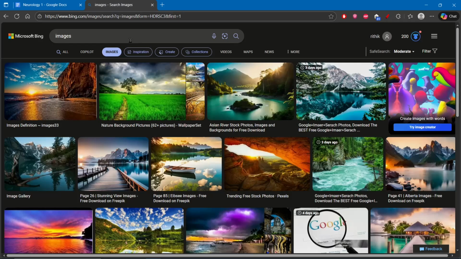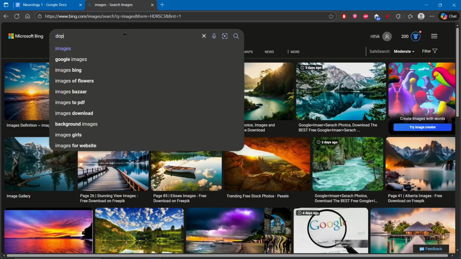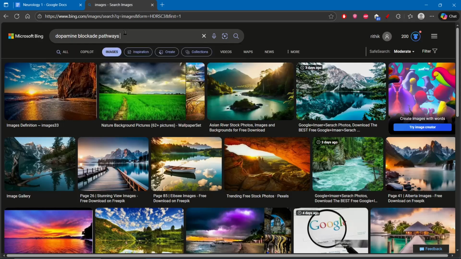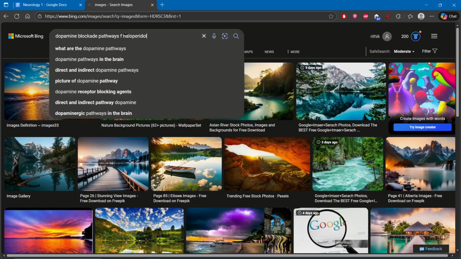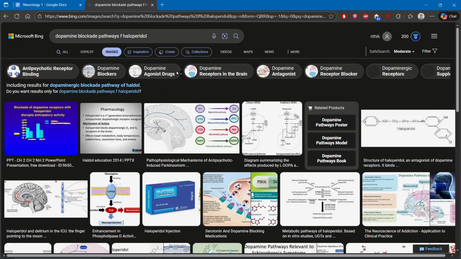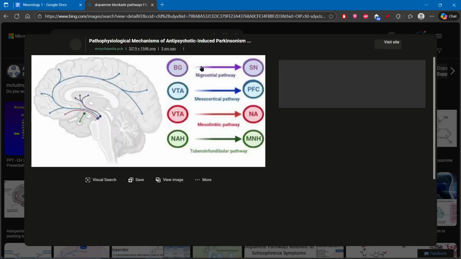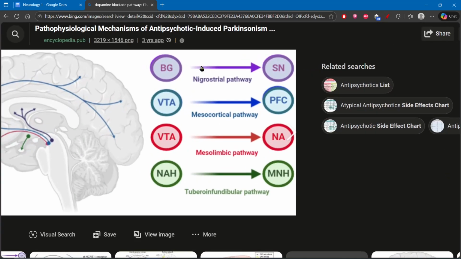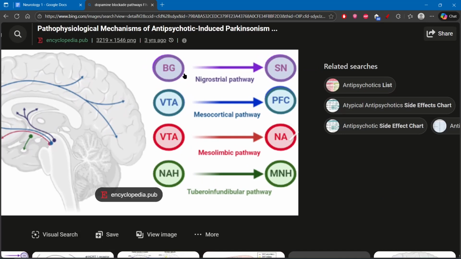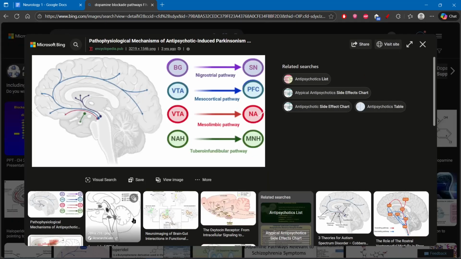We could even see the main blockade pathways of haloperidol. Right, so this is the pathway. You can see that there is a nigrostriatal pathway, a tuberoinfundibular pathway, a mesolimbic pathway, and a mesocortical pathway.